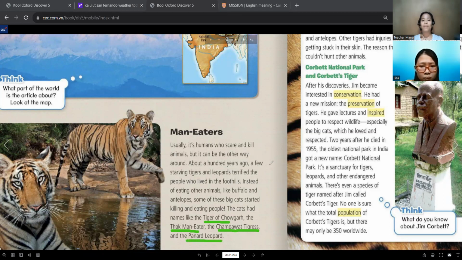Okay, what happened to them? Instead of eating animals, who did they eat? They eat meat? Yes, animals. Here in this passage, instead of eating other animals, what do they eat? Instead of eating animals like buffalo and antelopes, some of these big cats started eating what?